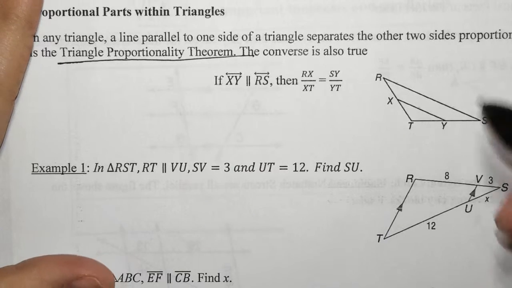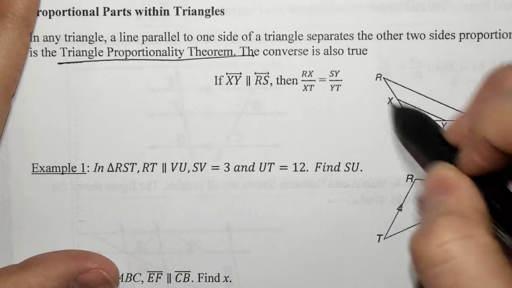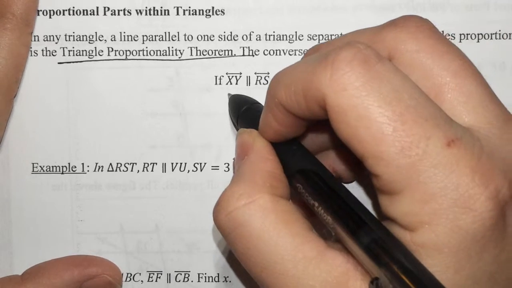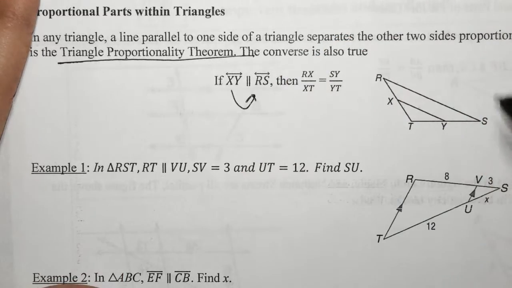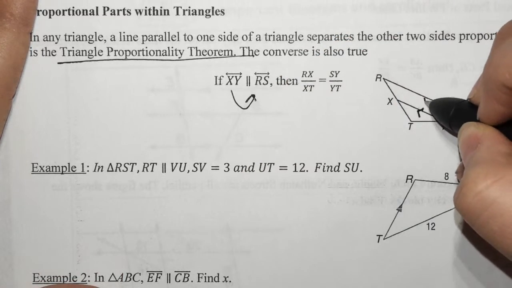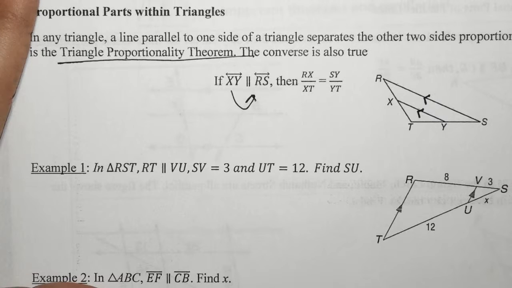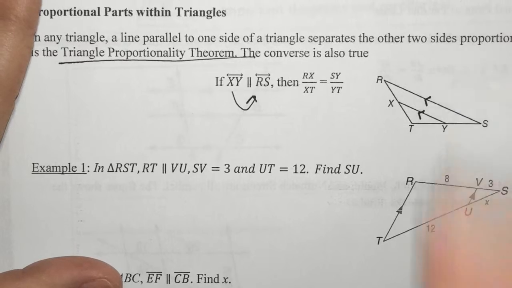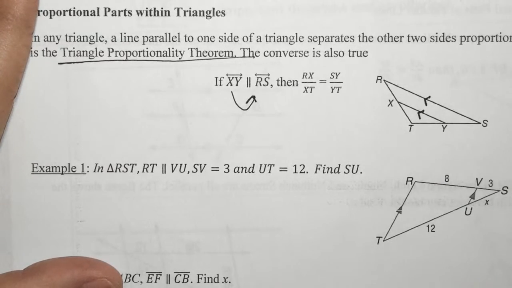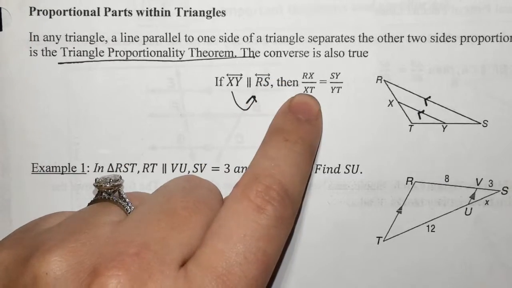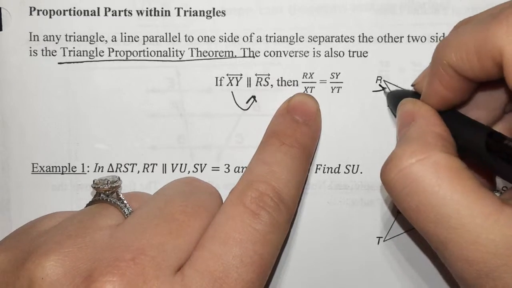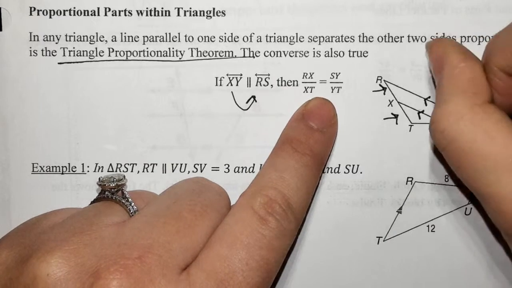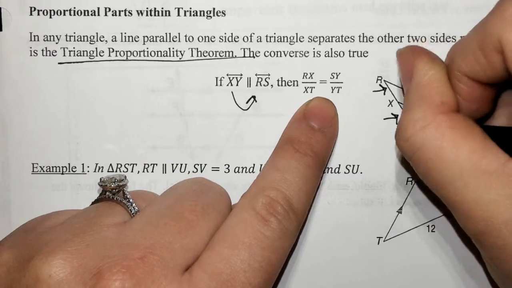In the triangle proportionality theorem, if 2 of these lines are parallel, which they tell us right here, XY and RS are parallel, then their sides are automatically proportional, which is where this comes into play. Then RX is proportional to XT, and SY is proportional to TY.